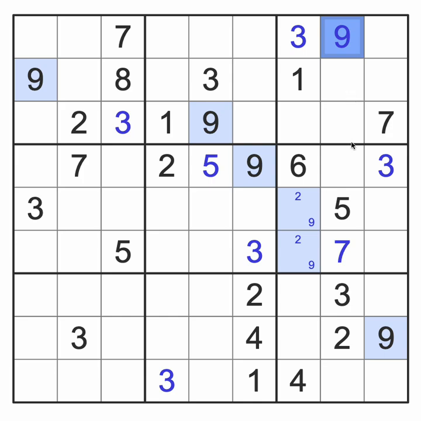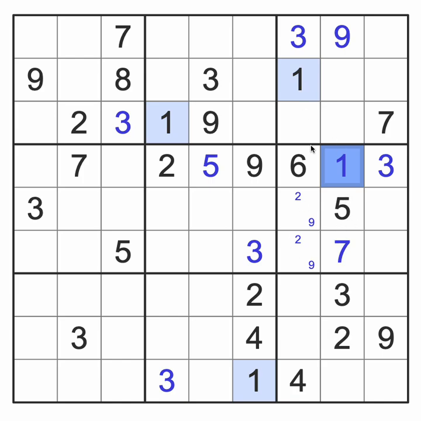Now these are 1, 4, 6, 8. Okay, so on column 8, there's only one cell that's not blocked by 1. 1 in box 3 blocks these. 1 in box 8 blocks this cell. So that gives me 1 here.